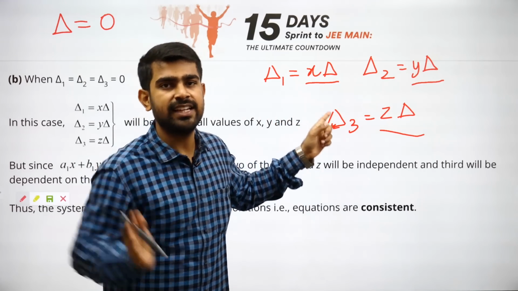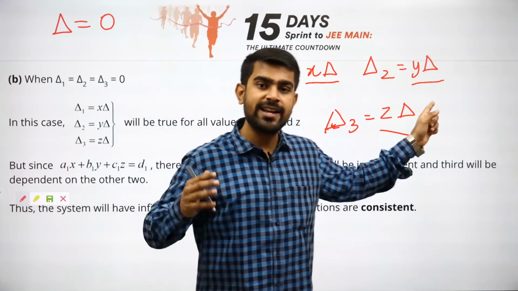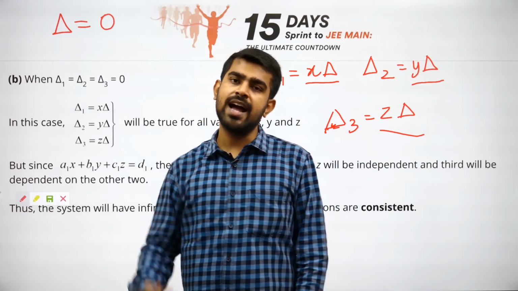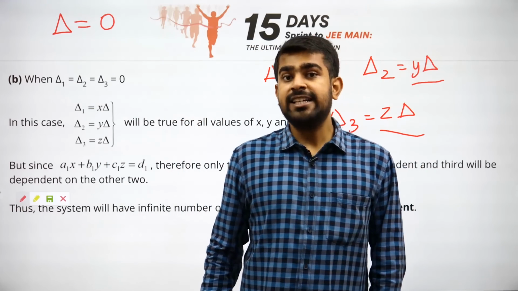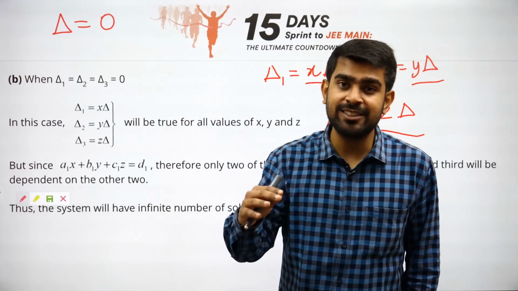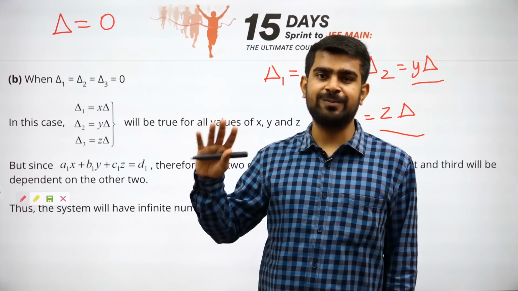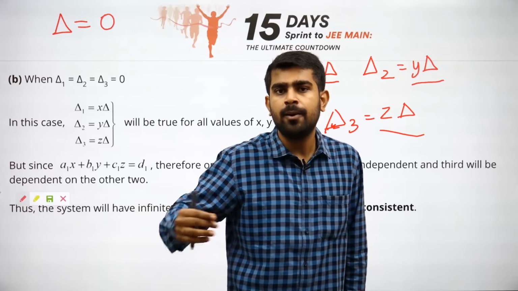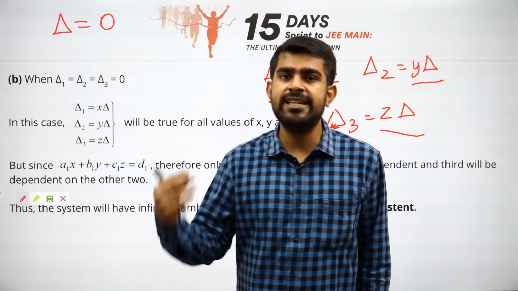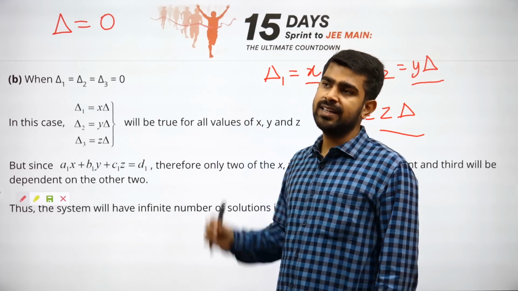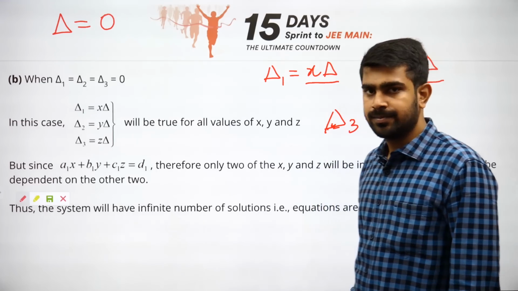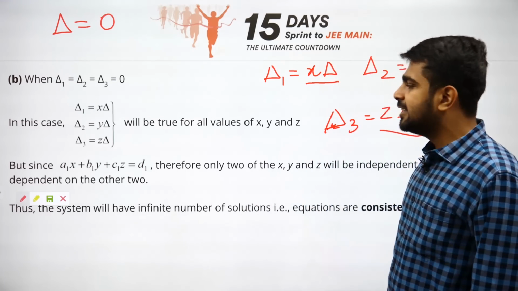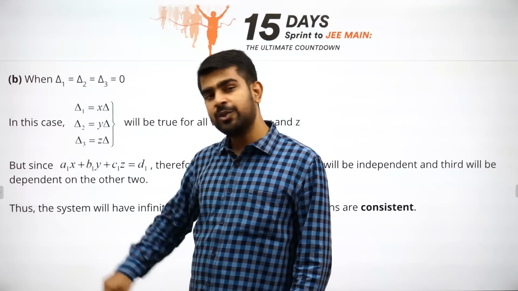So x can take infinitely many values. Similarly, y can take infinitely many values. So it is a consistent system with infinitely many solutions. It is called a consistent system because it has a solution, but infinitely many in number. Is that clear, everyone? So that will be the end of theory. We will go to a problem now.